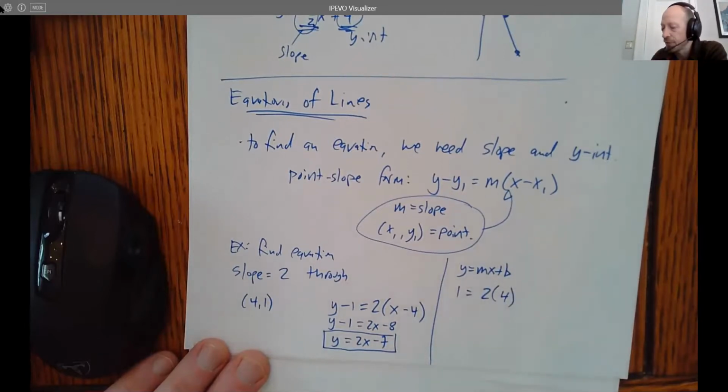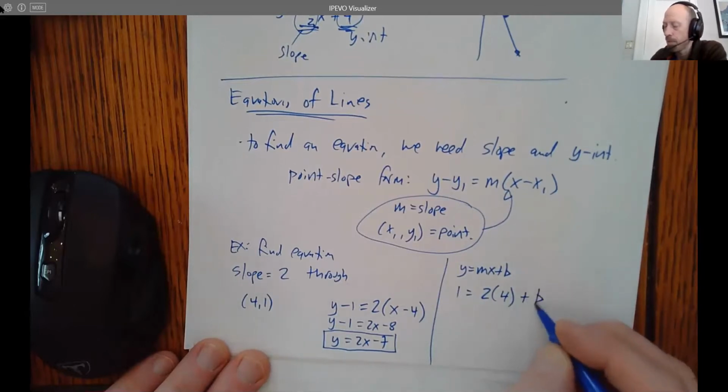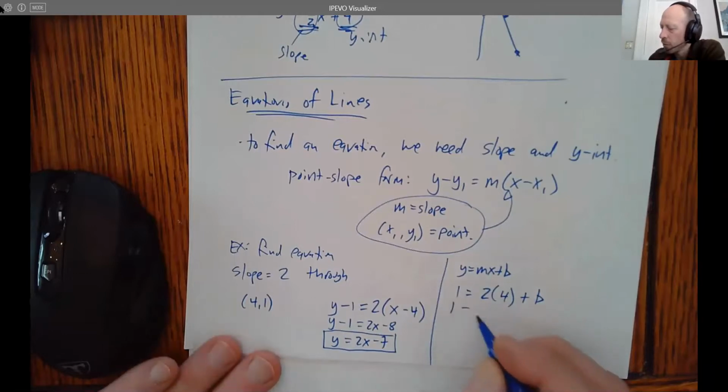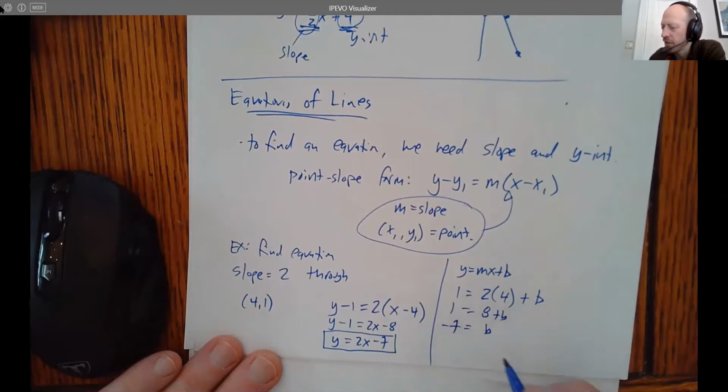The x value is 4. And whatever b is needs to make that equation true, because remember, a point on the line is a spot where the equation is true. So this is a way of solving for b. So I got 1 equals 8 plus b, so b equals minus 7.